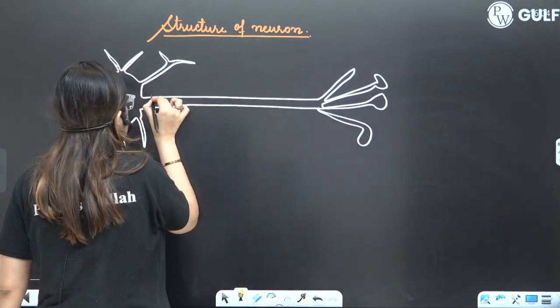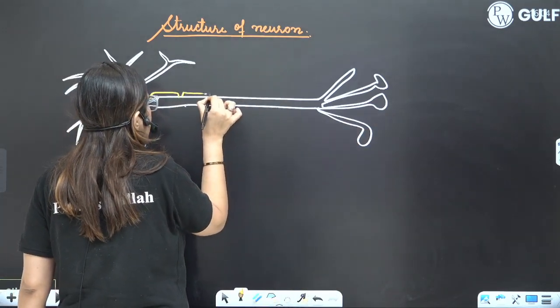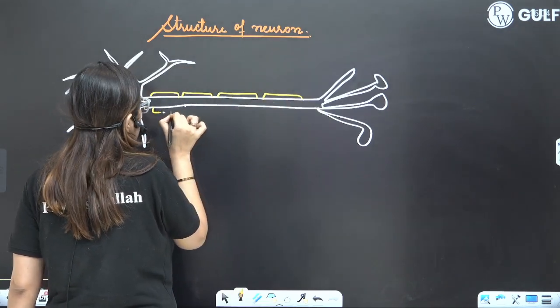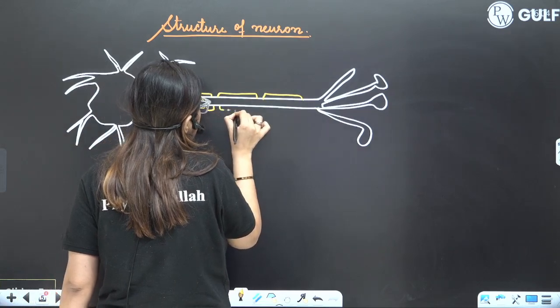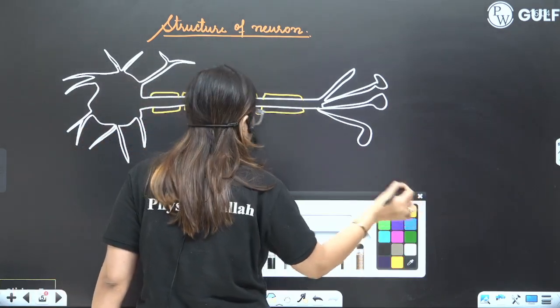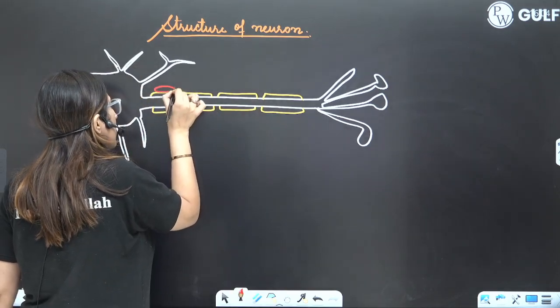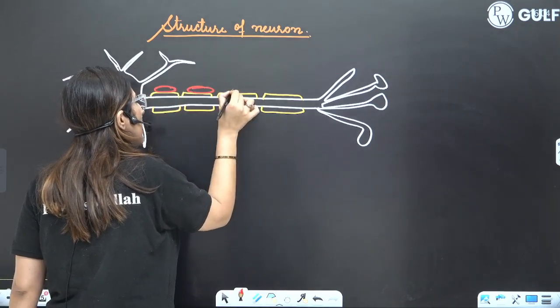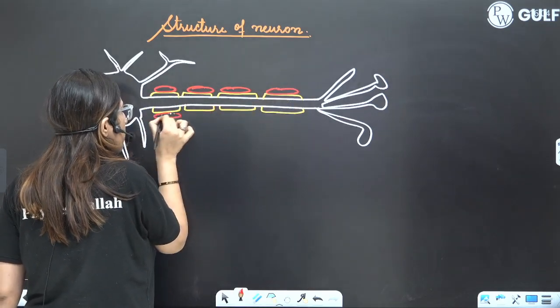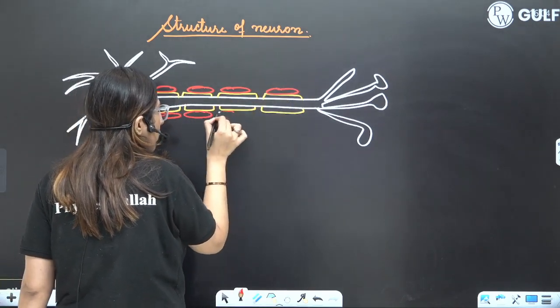Here you will see myelin sheath is present, and this myelin sheath is formed by the Schwann cells. I'm making a modified diagram of your NCERT for a clear explanation of each and every topic.